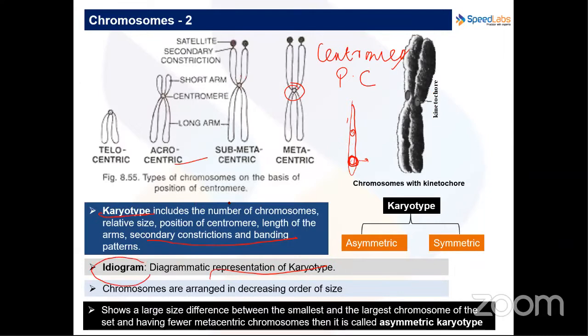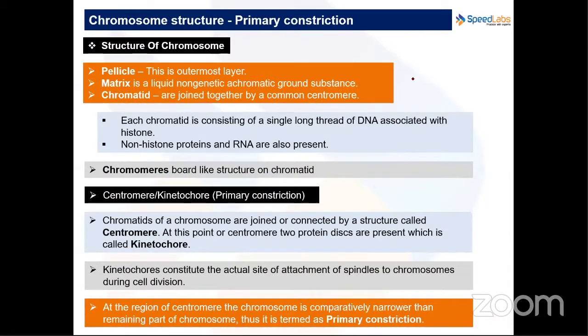So karyotyping is just arranging them, but the diagram of all the chromosomes on the basis of their size and position of centromere, etc., is called an ideogram. Kinetochore is the point where the spindle fibers attach. So you can see these will be bead-like structures.